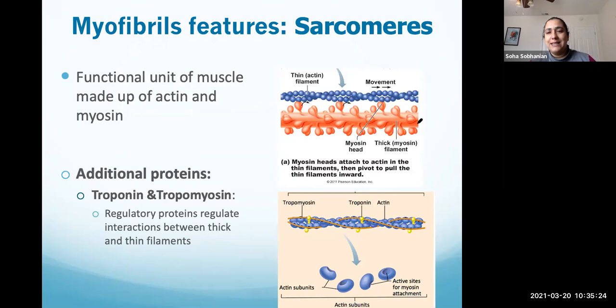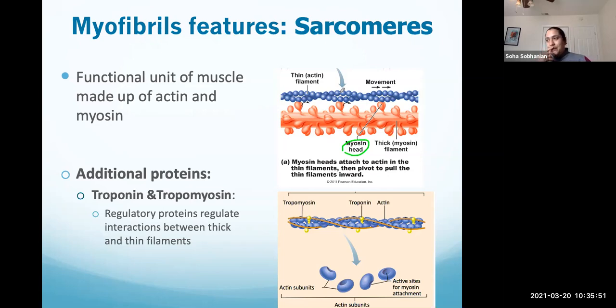The thicker structure with little heads poking out of it is your myosin. There is an interaction between the myosin heads and your actin filaments, and this interaction is what causes muscle contraction to happen.